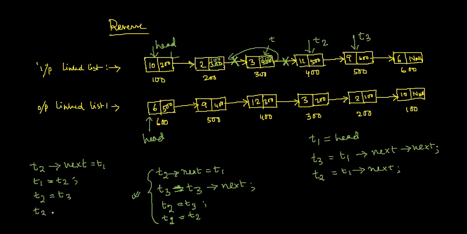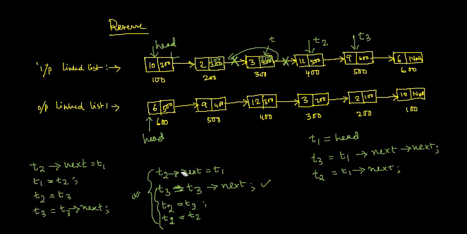And then only I can change T3 as T3 next. If you do T3 equal to T3 next first, then the change of T3 will reflect in T2, and the same will reflect in T1. So ultimately, due to this set of lines, all T1, T2, T3 will point to the same node, which is not expected. So I had a mistake, I'm sorry for that.